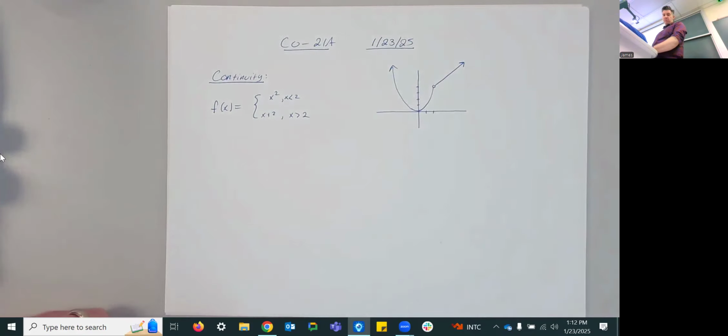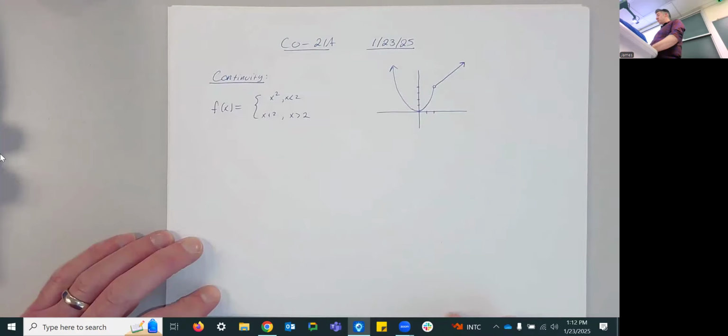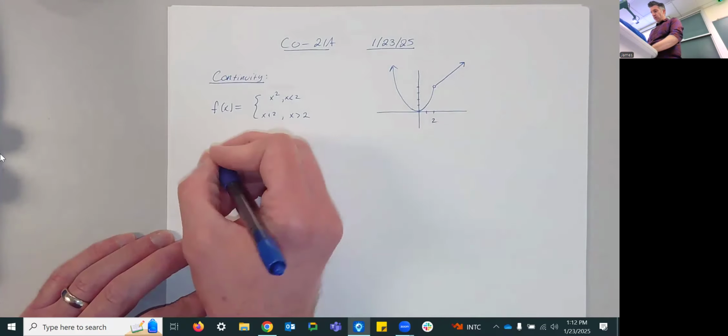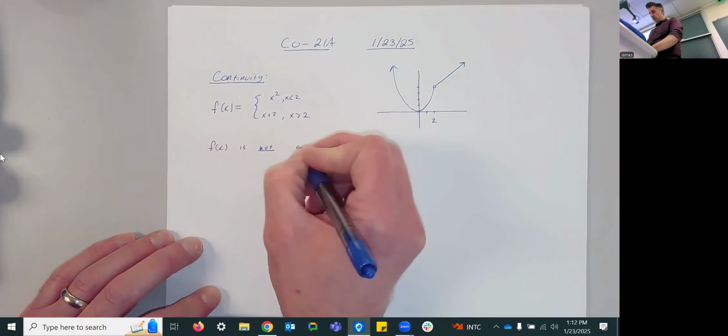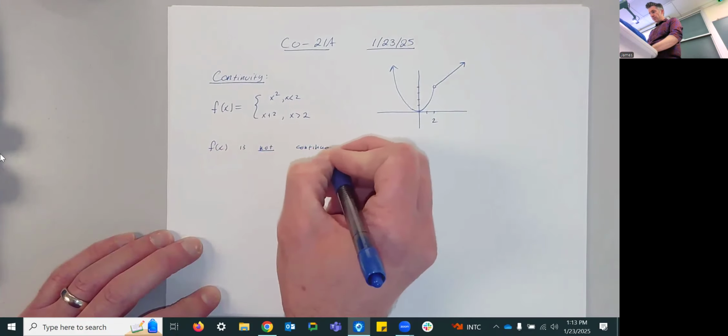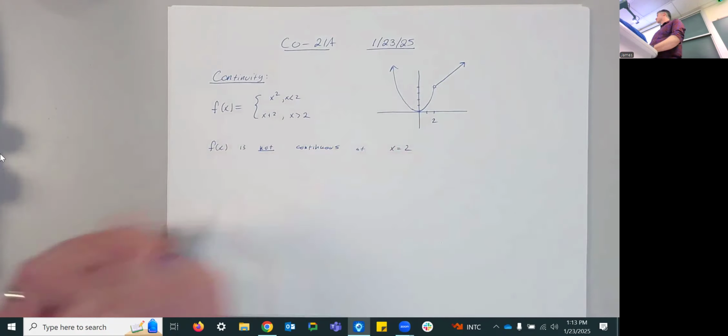But we can see that this function isn't continuous at 2. So I'll point out f of x is not continuous at x equal to 2.